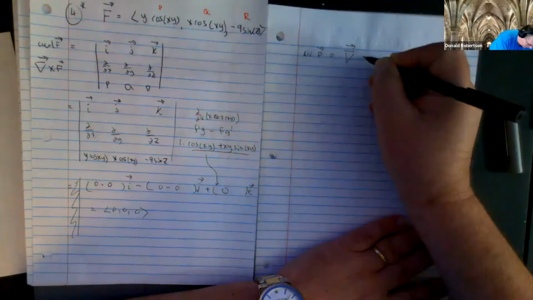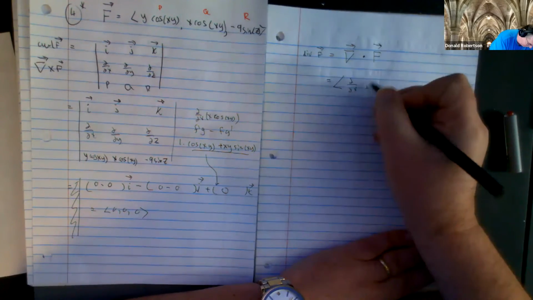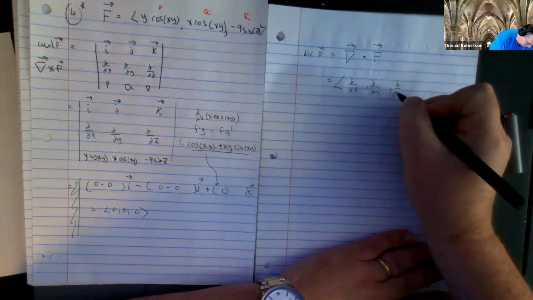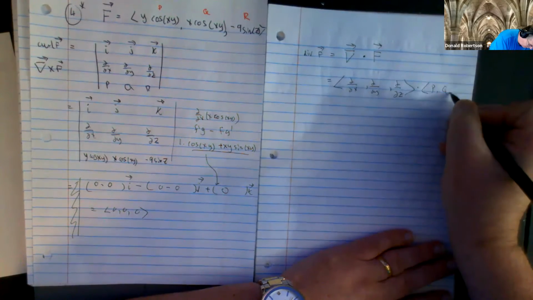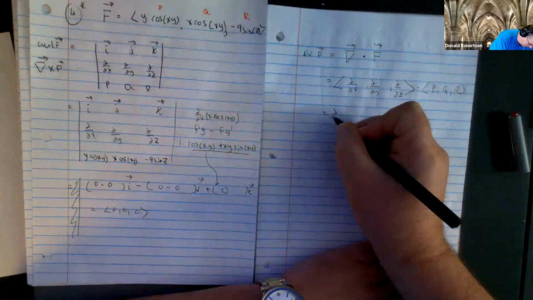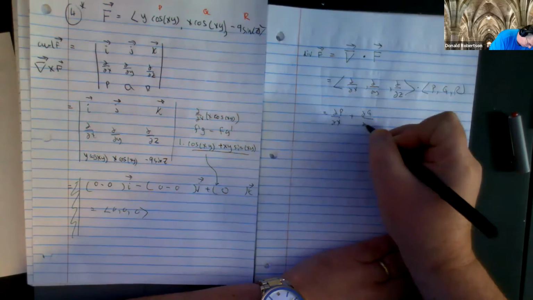dot that guy. So it's going to be the operator of P, Q, and R, which is going to be this guy, add this guy, add this guy.